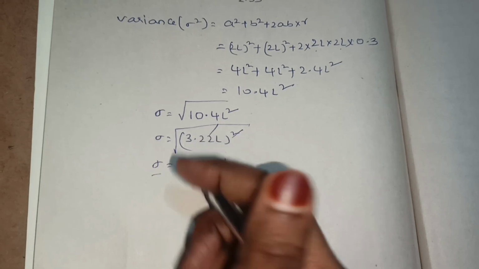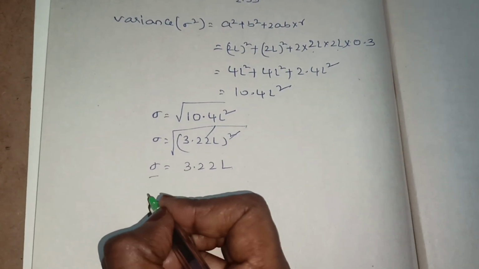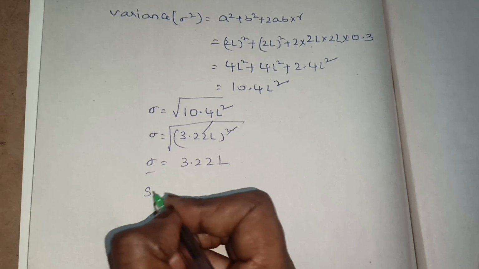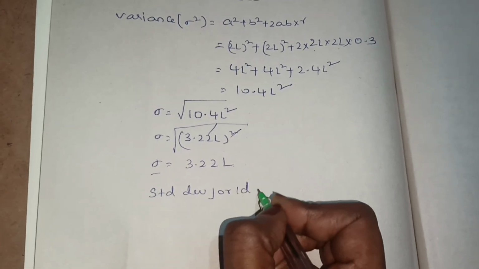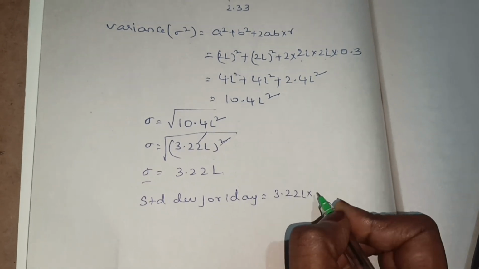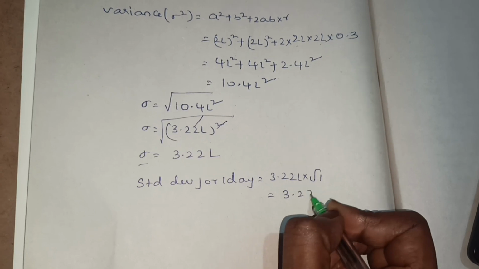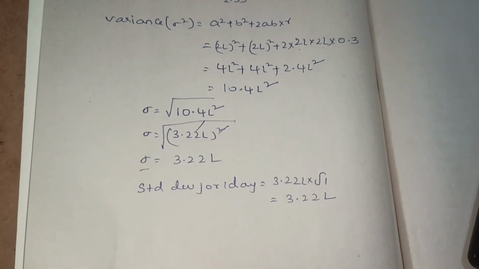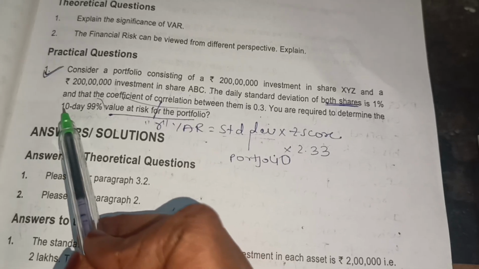This standard deviation is the standard deviation for 1 day, because as already told you, the standard deviation for 1 day is equal to 3.22 lakhs into under root of 1. So you will be getting the same value, that is 3.22 lakhs. But when you see the question, we are expected to find it for 10 days.